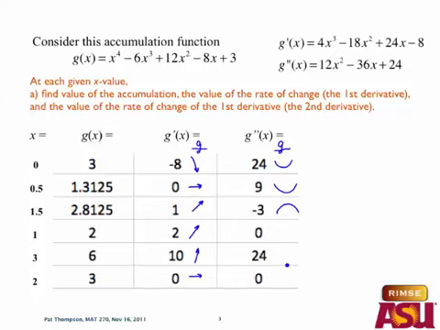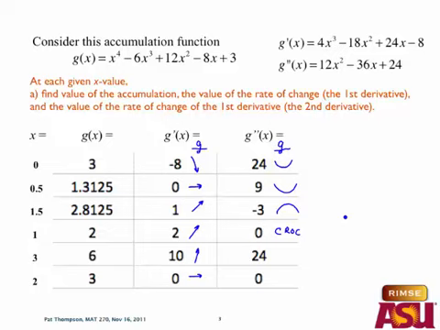Okay, so what would a 0 mean for the second derivative? It would mean that the rate of change is not changing. So the rate of change is pausing for a moment. It's kind of like a momentary constant rate of change, or momentary linearity, you can think about it that way.